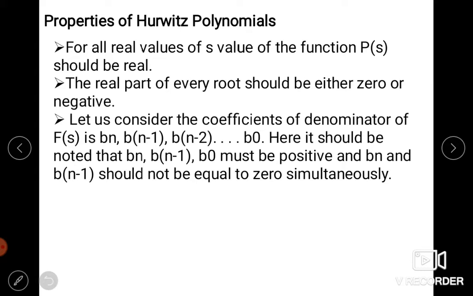It should be noted that bn minus 1 and b0 must be positive, and bn and bn minus 1 should not be equal to 0 simultaneously. These criteria must be satisfied while we are solving the Hurwitz polynomial. So these are the properties of the Hurwitz polynomial. Now check it out one by one.